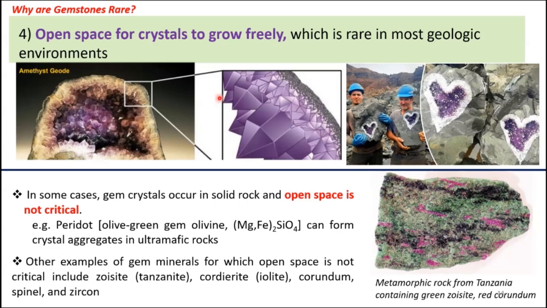But for amethyst, to result in this color, ferric iron should be incorporated as an impurity. Then this ferric iron, in the presence of radiation, converts into Fe4+. So it is a different mechanism for the formation of the color in amethyst.